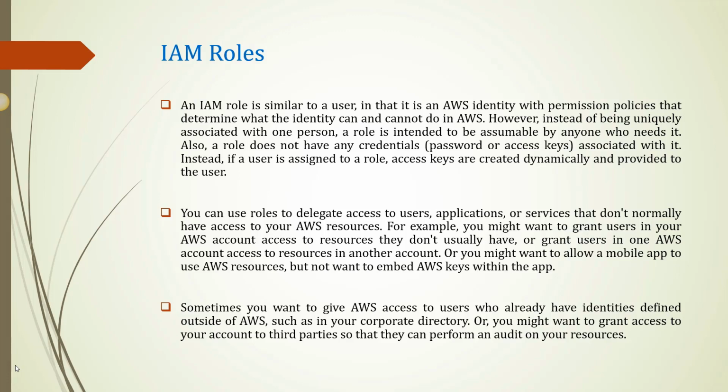Or you might want to allow a mobile app to use AWS resources but not want to embed AWS keys within the app. Sometimes you want to give AWS access to users who already have identities defined outside of AWS, such as in your corporate directory. Or you might want to grant access to your account to third parties so that they can perform an audit on your resources. So this is the basic description of IAM role.